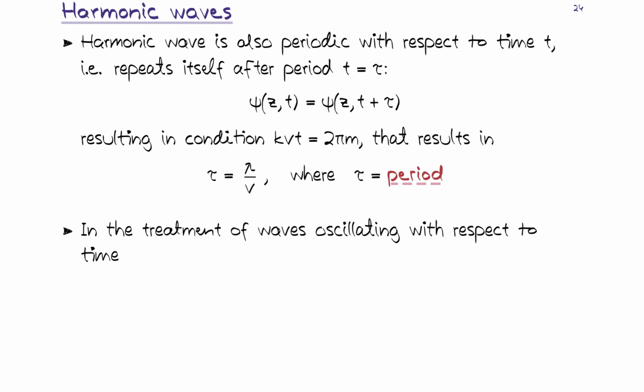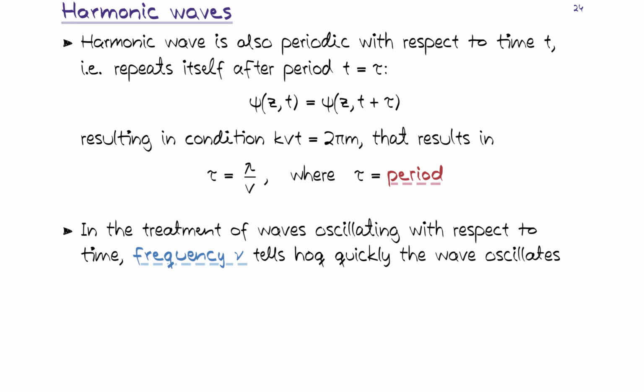Now, what we see is that the harmonic wave we are dealing with oscillates with respect to time. Since it oscillates, we can also define a frequency nu that tells us how quickly the wave oscillates. So nu can be defined as 1 over the period, and taking use of the earlier equation, this is equal to v over lambda.